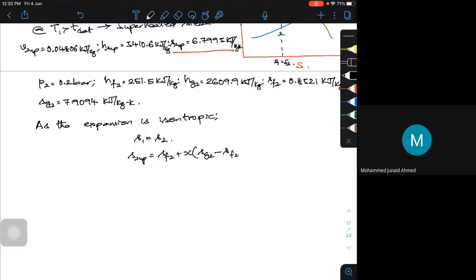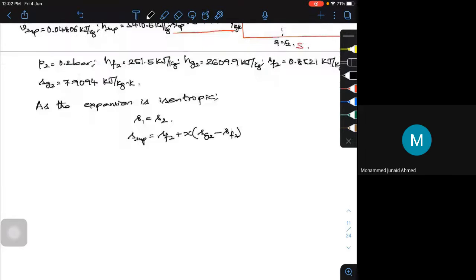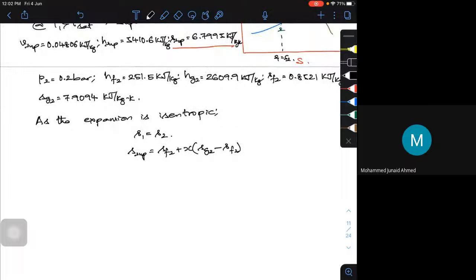As the entropy is the same, I'm going to equate it. Now, what is this S superheated? Actually, 6.7993. So this is X2 because the condition at 2: 6.7993 equals SF2, which is 0.8321, plus X2 into 7.9094 minus 0.8321.